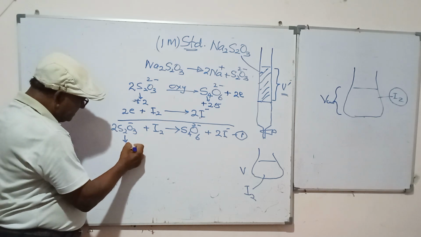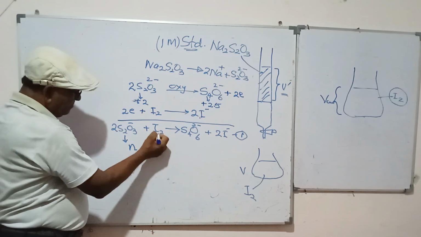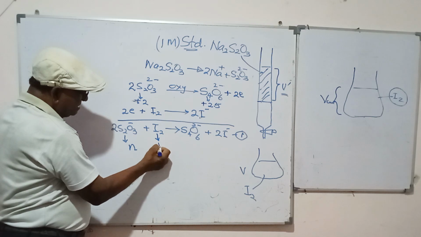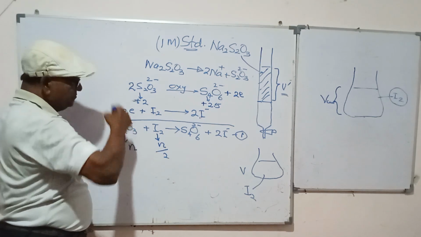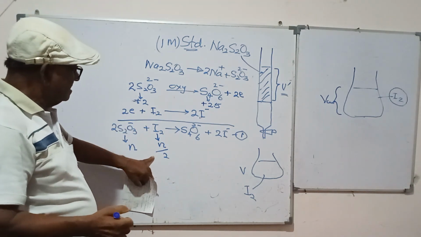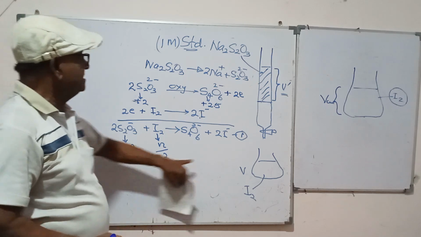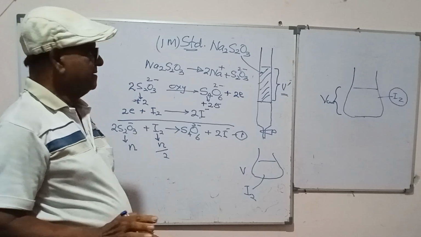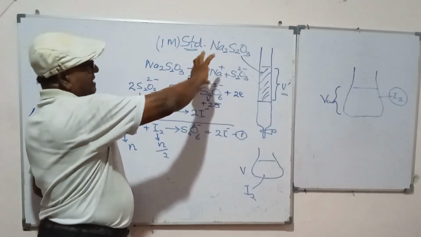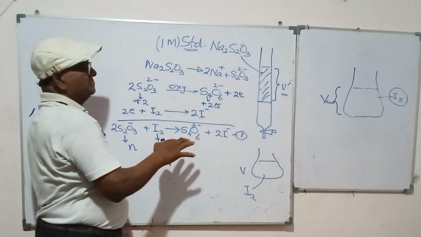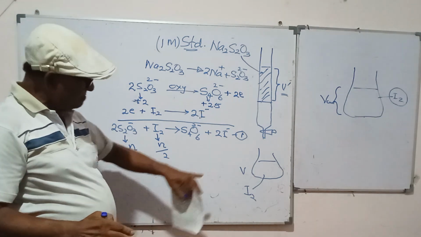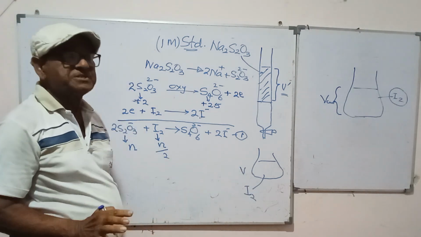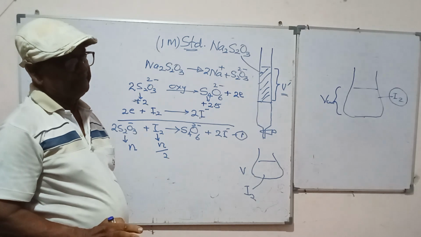If it is N, the number of moles of I2 becomes N over 2. This is the amount of I2 in this solution. So now you are clear that using the iodometric titration, the amount of I2 in an aqueous solution can be determined.